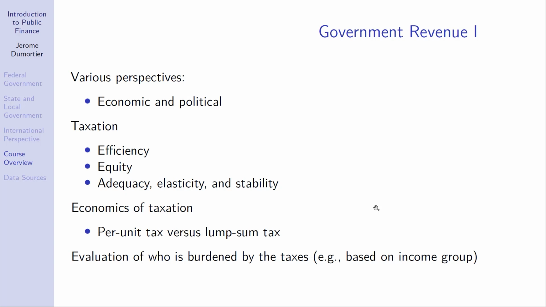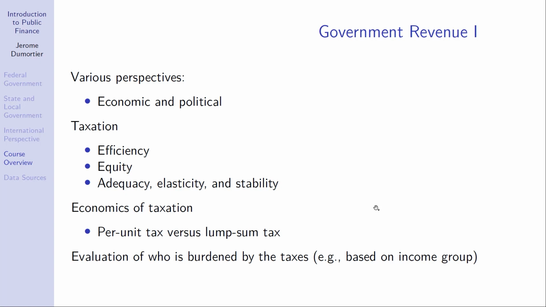We are going to look at various principles when it comes to taxation, in the sense that we are going to talk about efficiency, we are going to talk about equity, as well as adequacy, elasticity, and stability of tax revenue. So adequacy is, for example, that can the tax revenue actually cover the expenditures of the government, okay?